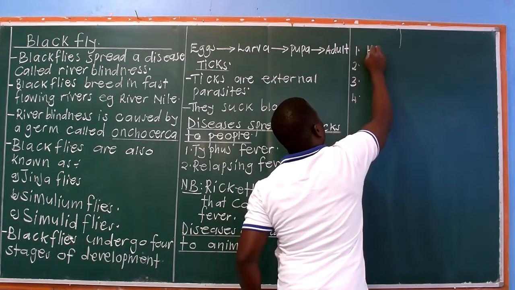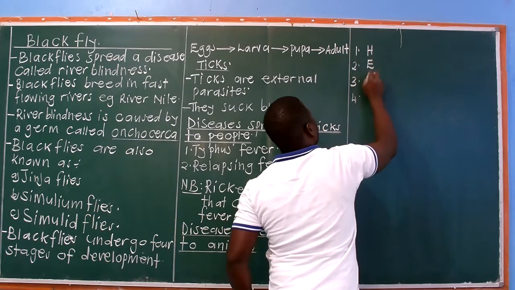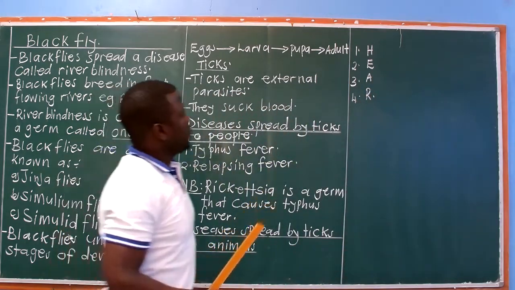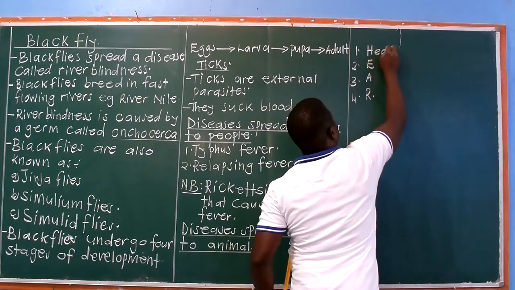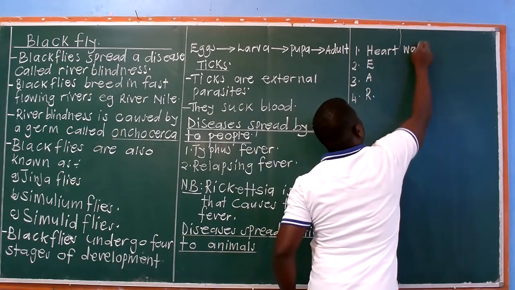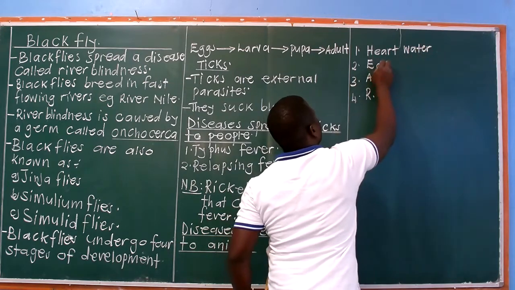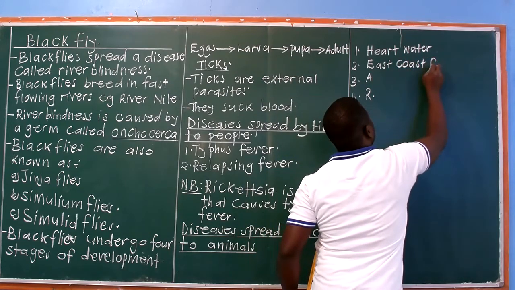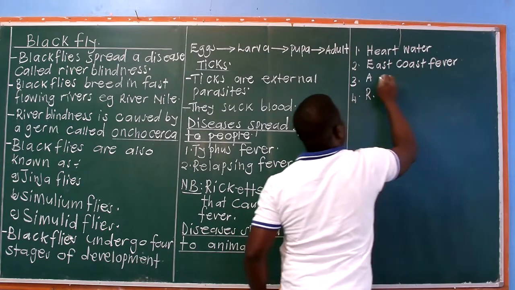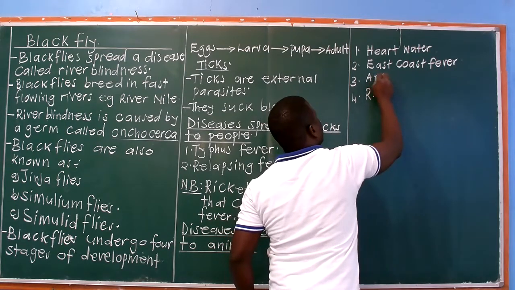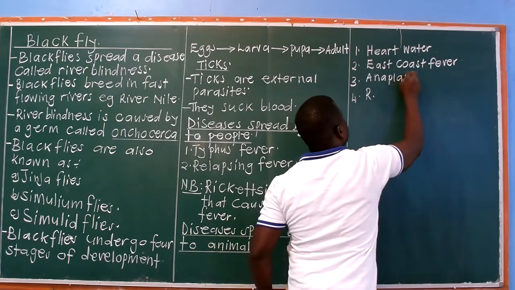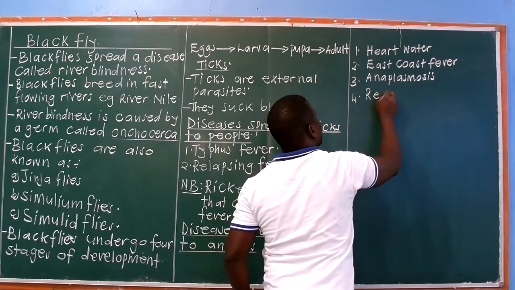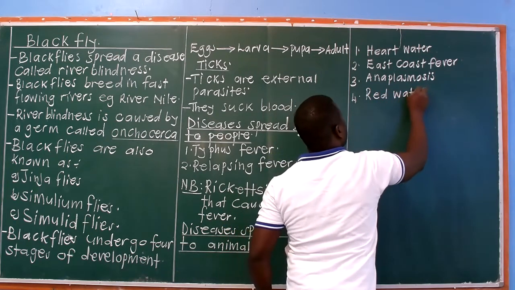So we have the word HERS. H stands for heartwater, E stands for East Coast fever, S stands for anaplasmosis, R stands for redwater.